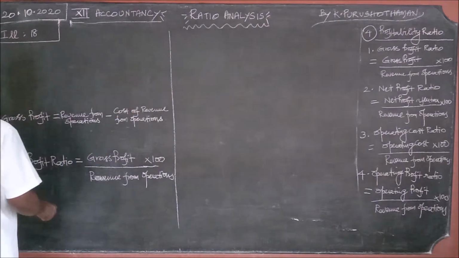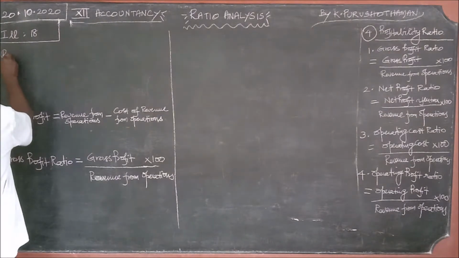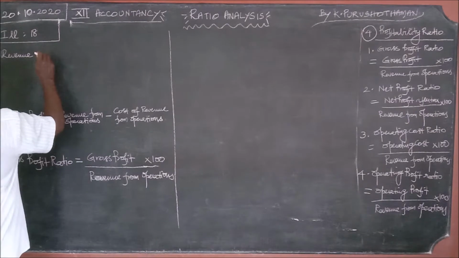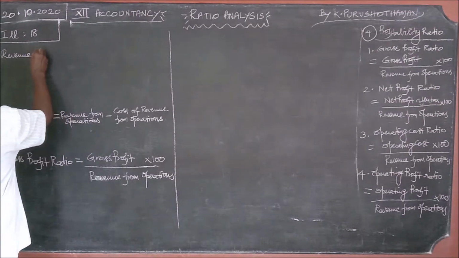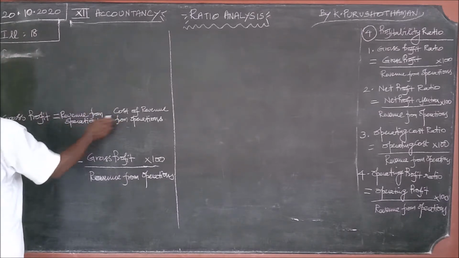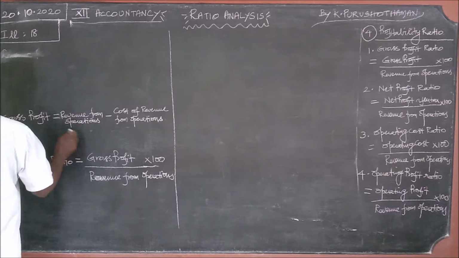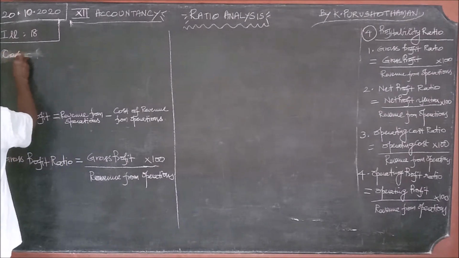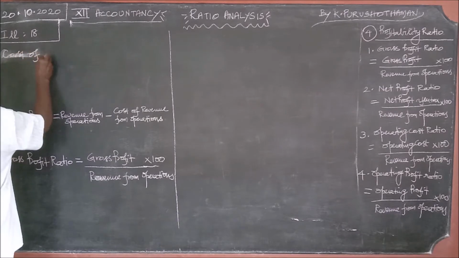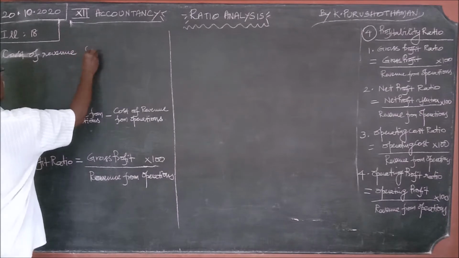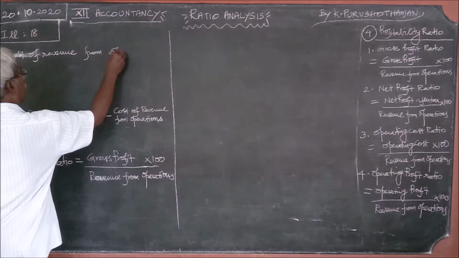So revenue from operations we know. Revenue from operations. Cost of revenue from operations. We shall find it because the revenue is given straight away. So, cost of revenue from operations.